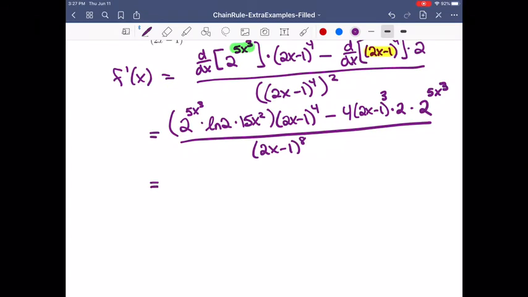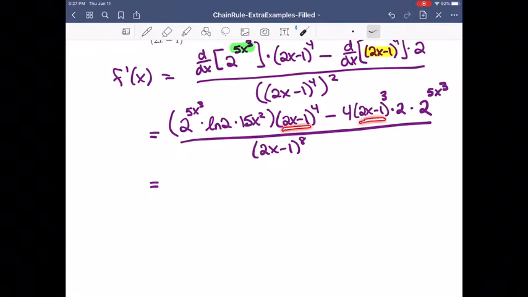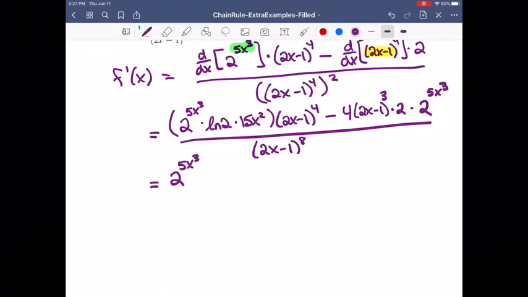So now I want to look for like terms or common factors. I see that both terms have this exponential function, so I can factor that out, and both terms have (2x minus 1) to the 3. So I'm going to take out 2 to the 5x cubed and also (2x minus 1) cubed.